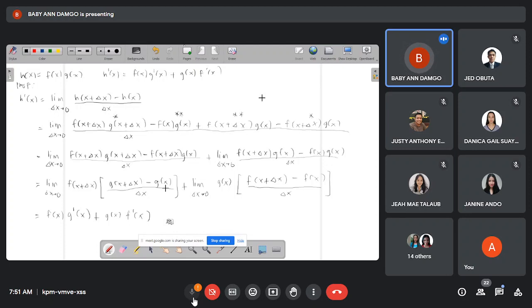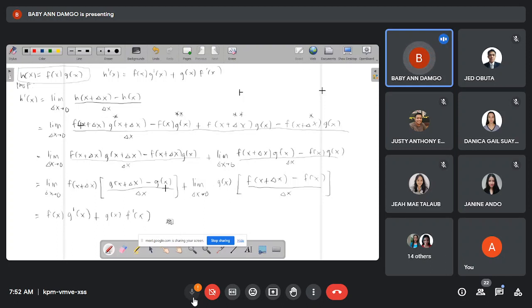Okay, so let's go back. If you have h of x which is equal to f of x times g of x, we need to prove this. Okay? So by the definition of the derivative, the derivative of h looks like this. For h of x plus the change of x, we evaluate using this one. So how? We replace x with x plus the change of x.